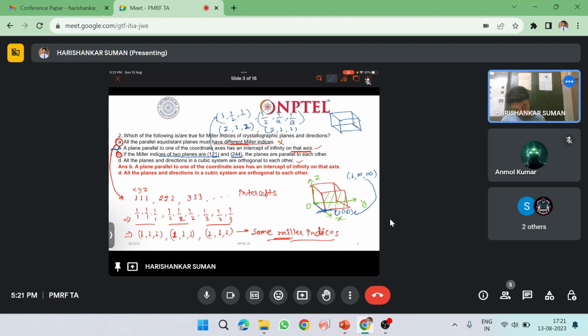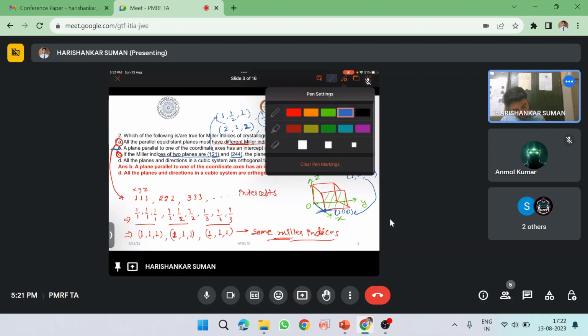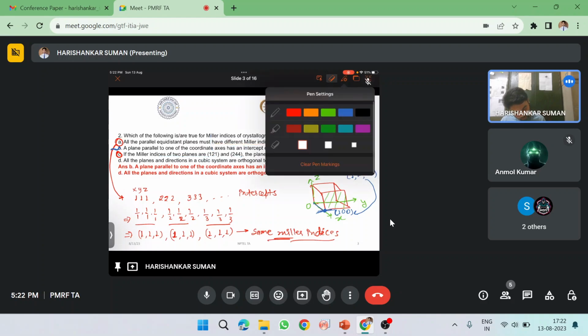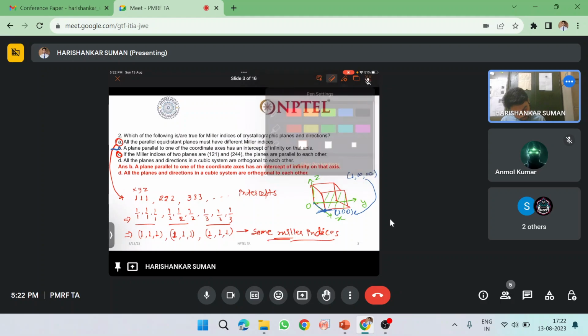Okay, let me solve another way. If parallel planes are multiples, generally you can see 2 times or 3 times.